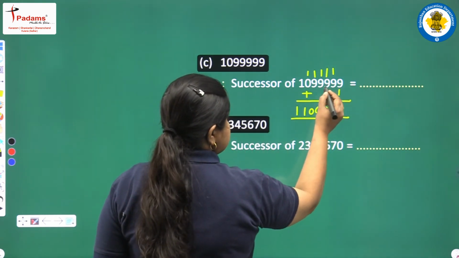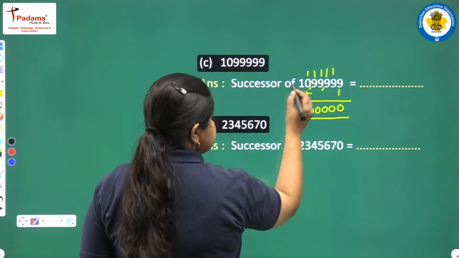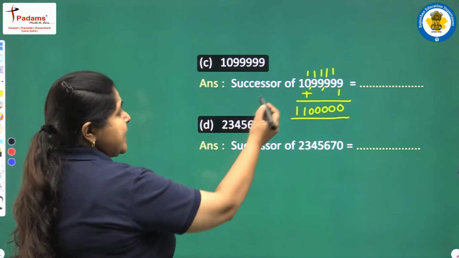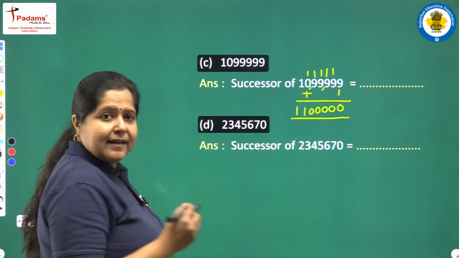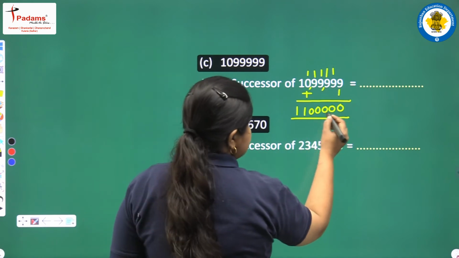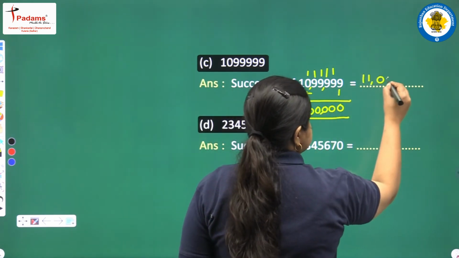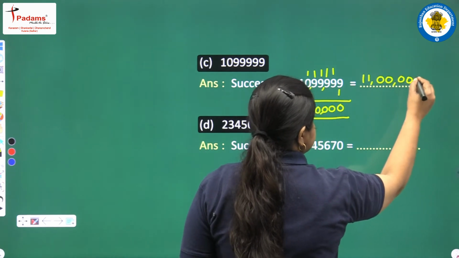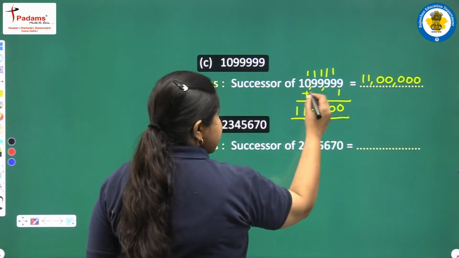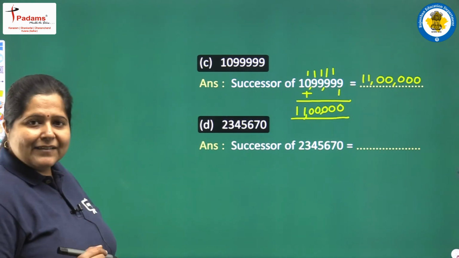It's ones, tens, hundreds, comma, 1,000, 10,000, then lakh, 10 lakh. So it is 10,99,999, and its successor is, again mark the commas, 11 lakh. You can see all these 9s have now changed.